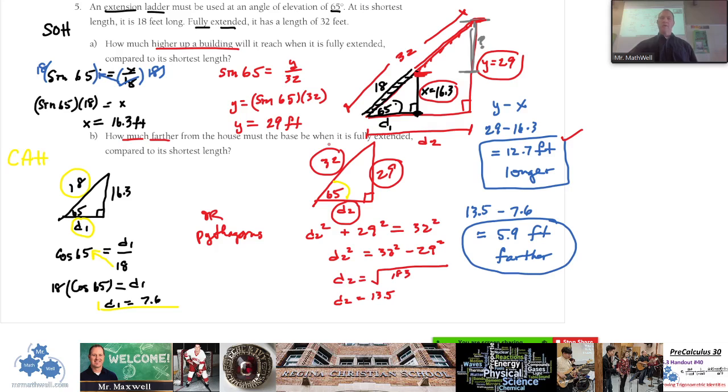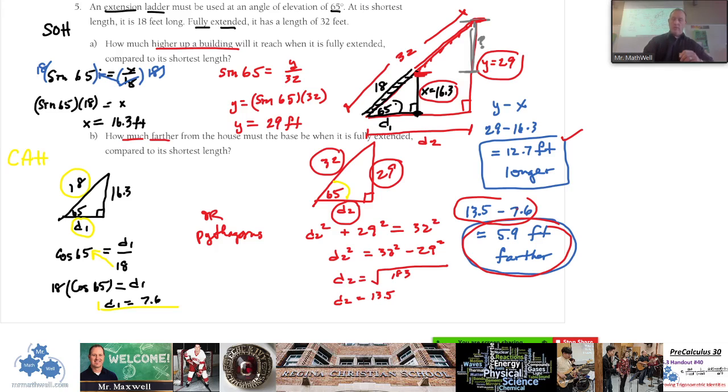This is the Pythagoras method. Solve for d2, which is subtract 29 squared from both sides, take the square root of both sides, and you get d2 is 13.5. And of course, the question says, how much farther from the house must the base be when fully extended? So we're finding the difference between the two, which is 5.9 feet.